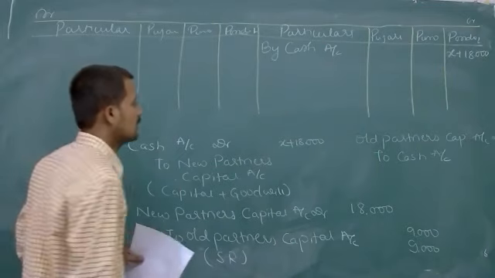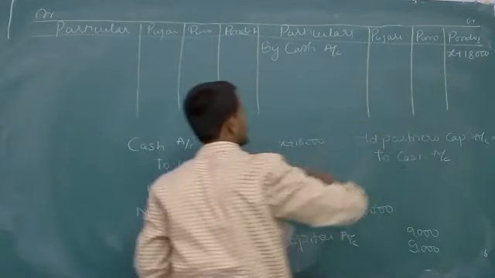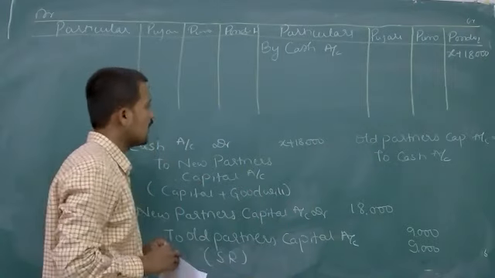Then this 18,000 should be distributed to old partners. How should that be done?